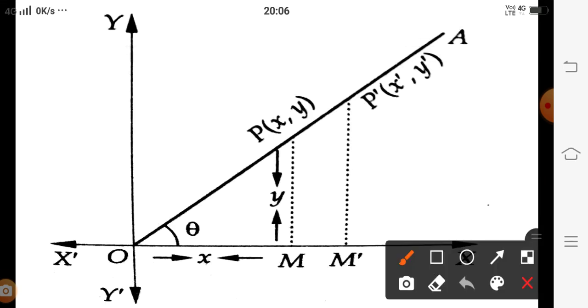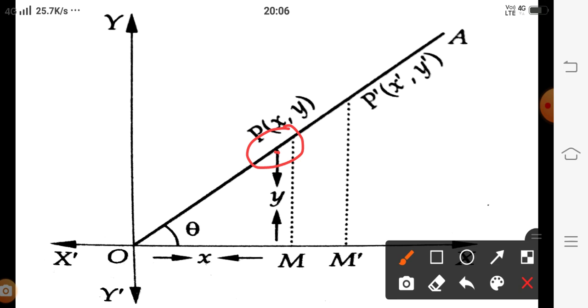And if you are observing this, then we are observing x axis and y axis here, and if I am taking a point, then this is point P and the coordinate of P is (x, y). Then the perpendicular distance to the x axis is y and the perpendicular distance to the y axis is x.